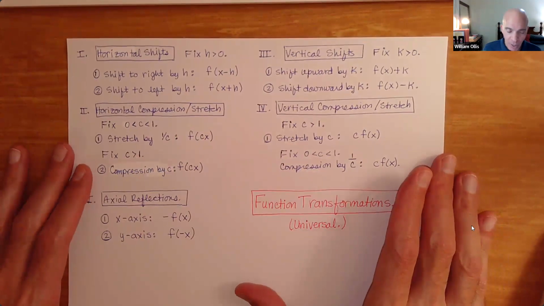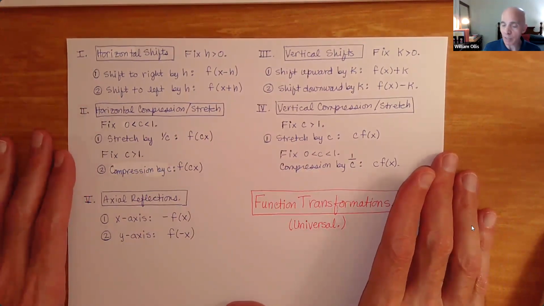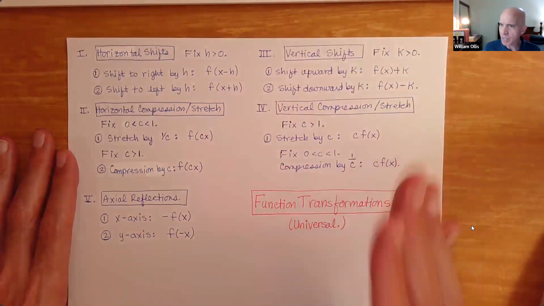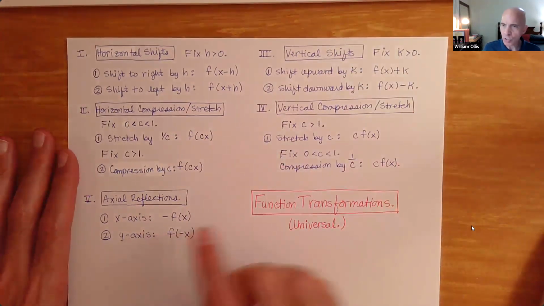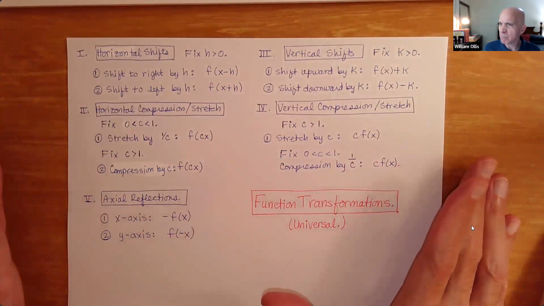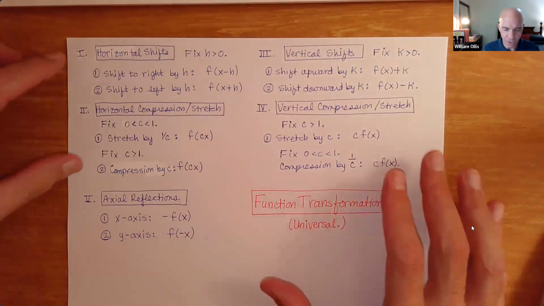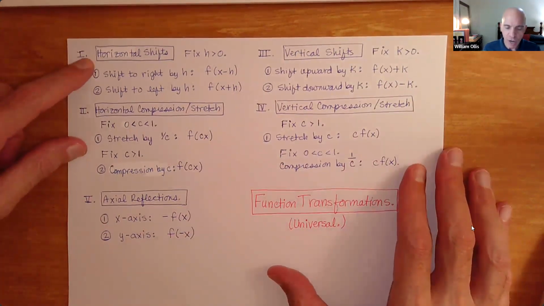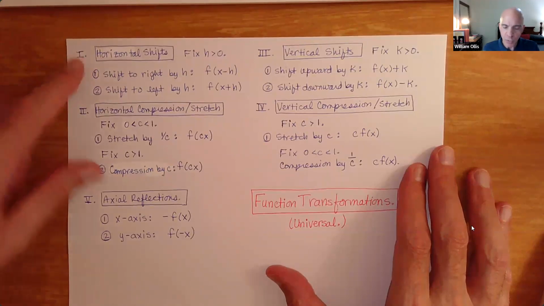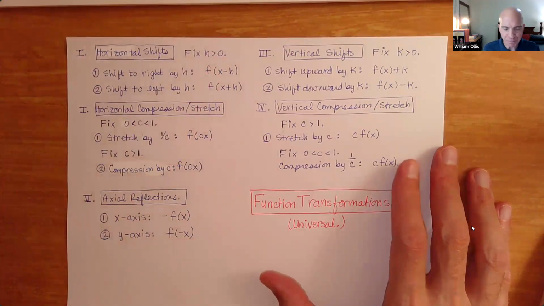Now, some of the more complicated ones are the horizontals because they're less intuitive. The verticals tend to be very intuitive, and the axial shifts or axial reflections tend to be maybe in the middle, but not as abstract as the first two here. So the horizontal shifts, what we're going to do is we're going to fix an h, so some positive number like 2.